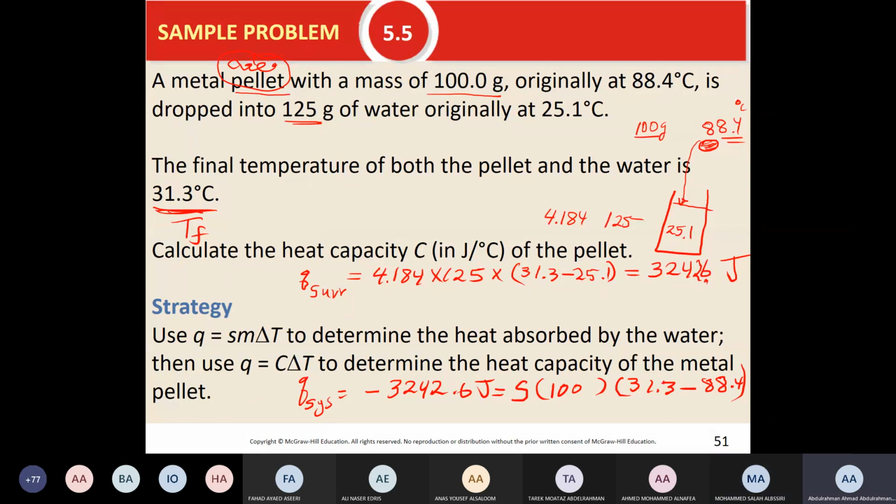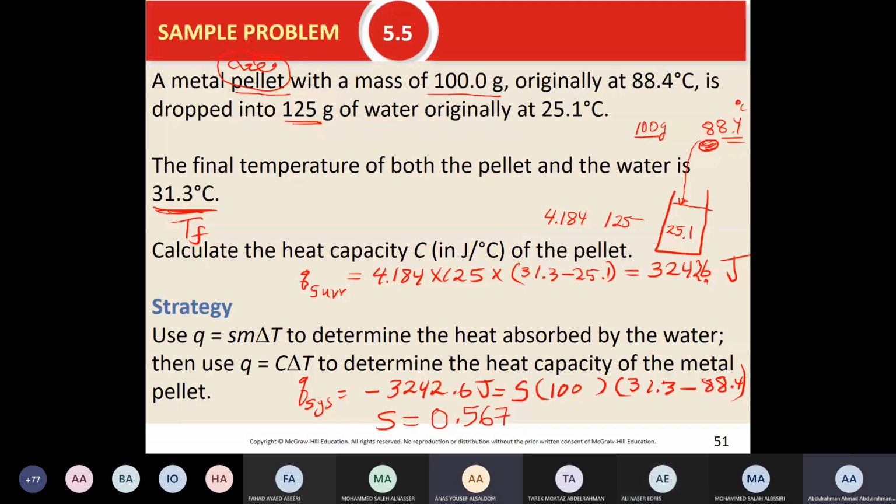So calculate S for me now. Give me what's the value of S. 0.567.